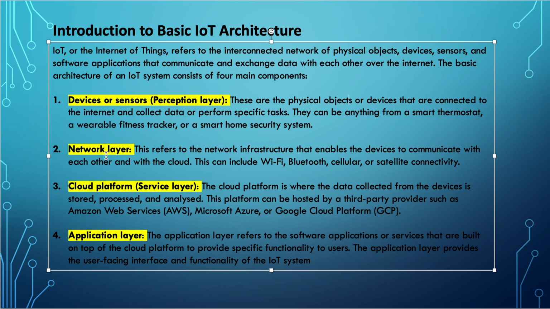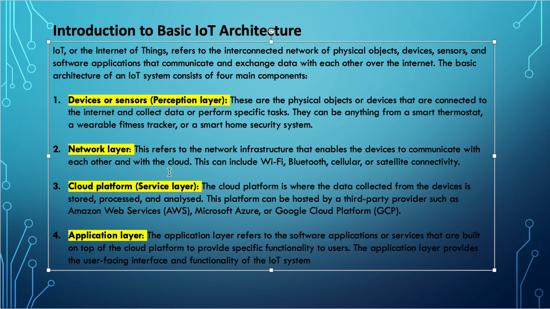Then we talk about the network layer. This refers to the networking infrastructure that enables the devices to communicate with each other and with the cloud. Cloud computing is a thing that we cannot run away from these days, for processing, storage of data, building virtual networks and virtual processing environments, sharing hardware and so on.